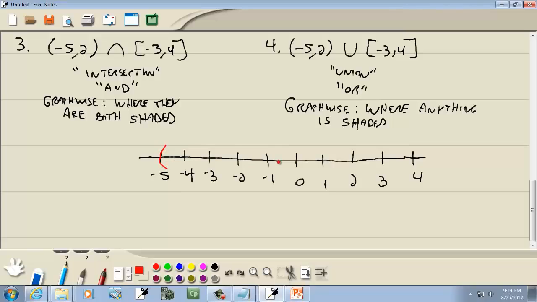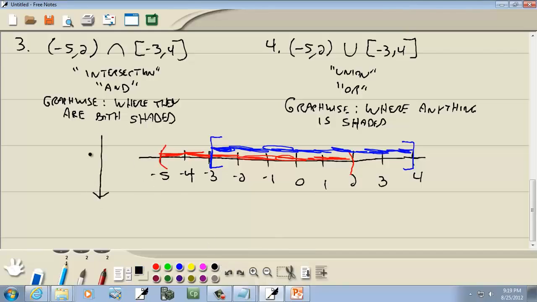So parentheses on negative 5, parentheses on the 2, and I'm shading in between them like this. The other one is negative 3 to 4. So I'll do bracket negative 3 to 4, like that. And then I'll shade in between them. There we go.